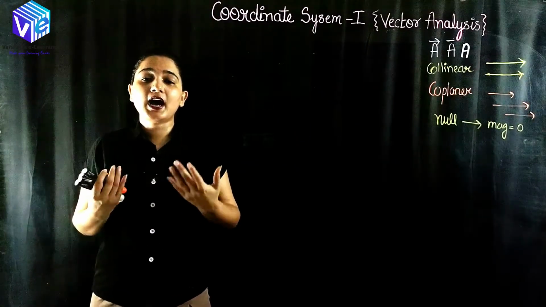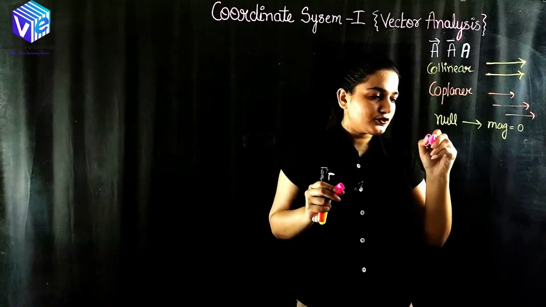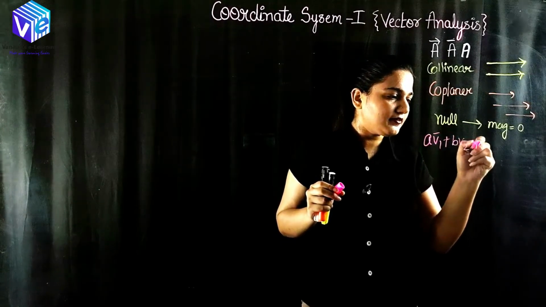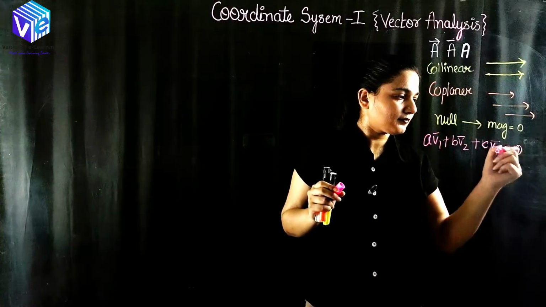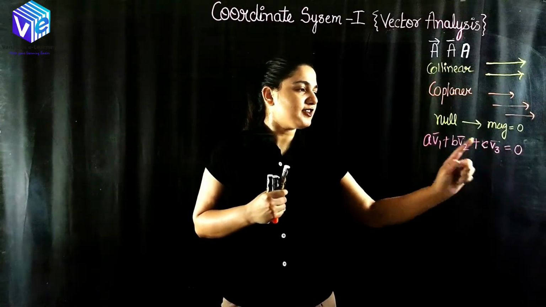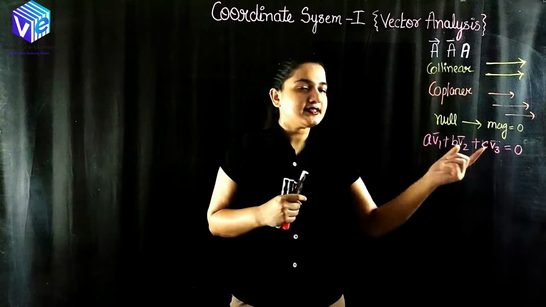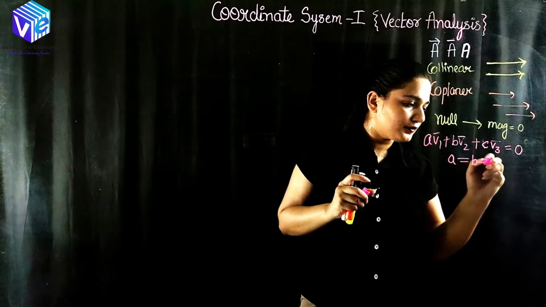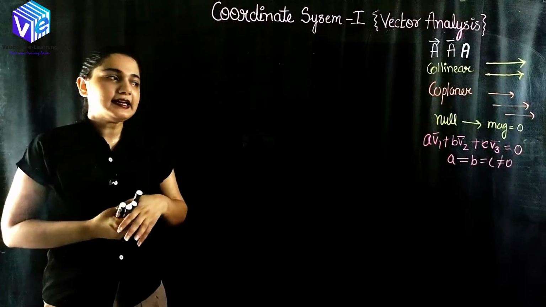So now what are linearly dependent vectors? If I have vector v1, vector v2 and vector v3, and I can represent v1, v2 and v3 like this equation, a v1 + b v2 + c v3 = 0, and here a, b, c are constants which are not equal to 0, then these vectors are called linearly dependent.